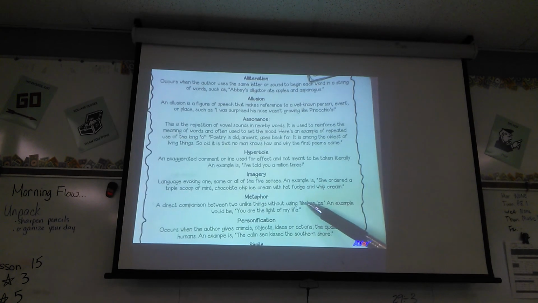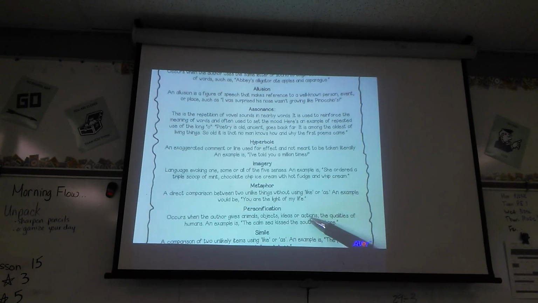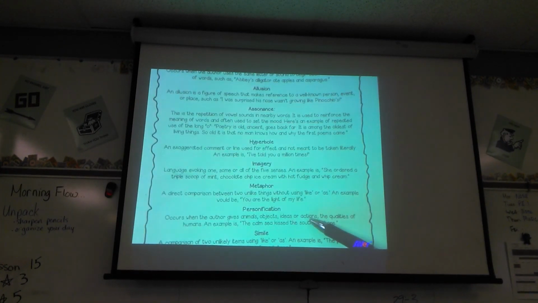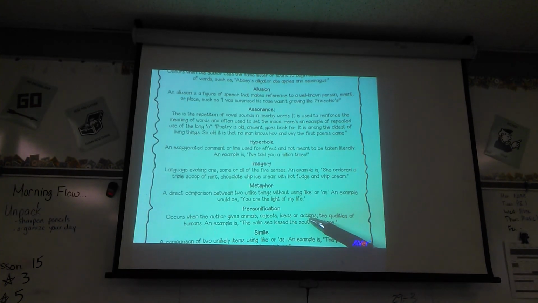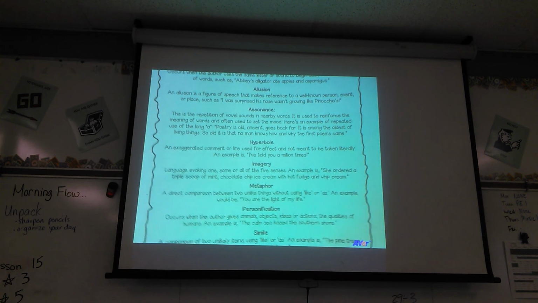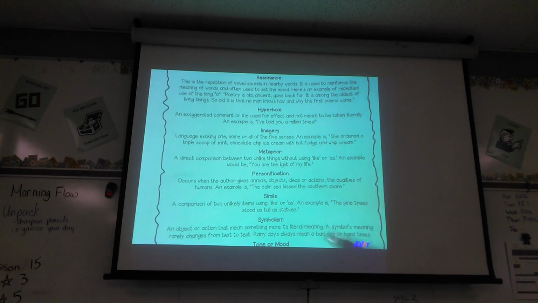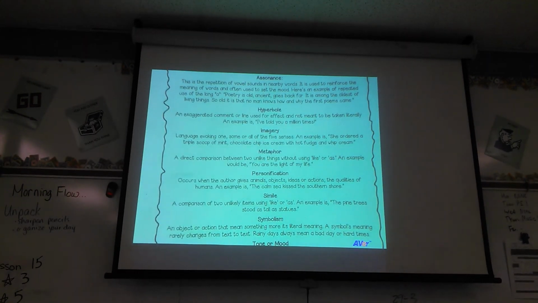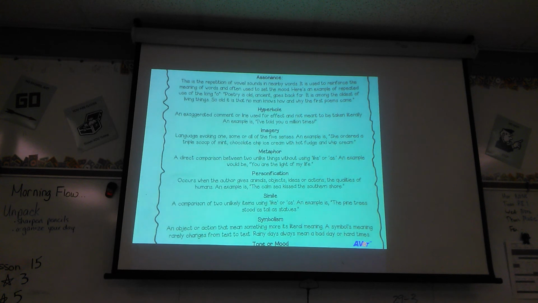Imagery, we already talked about metaphor and simile. Personification is when you give human-like qualities to something that's not human. Like the sun blinked its eyes, or you can say that the trees reached for the sky. Then we talked about the symbolism. We said that fox is a symbol of evil, of danger.